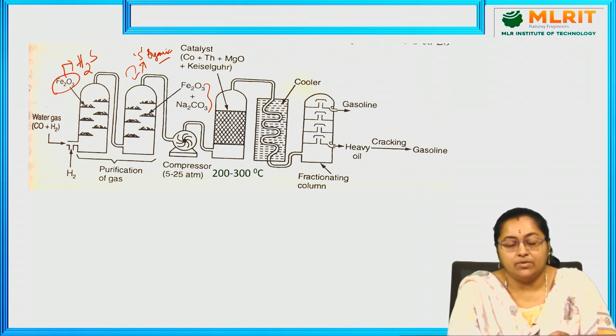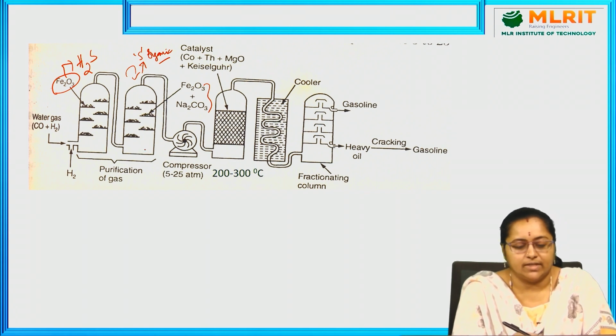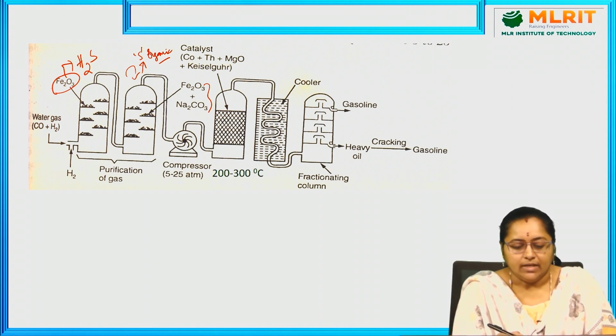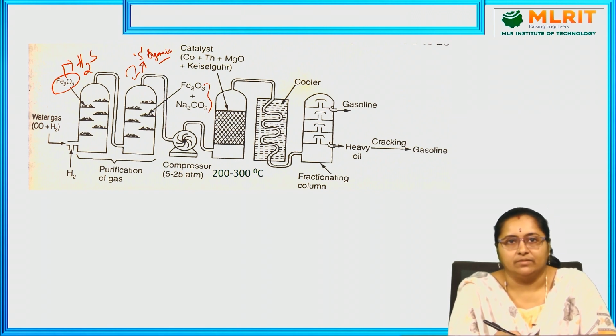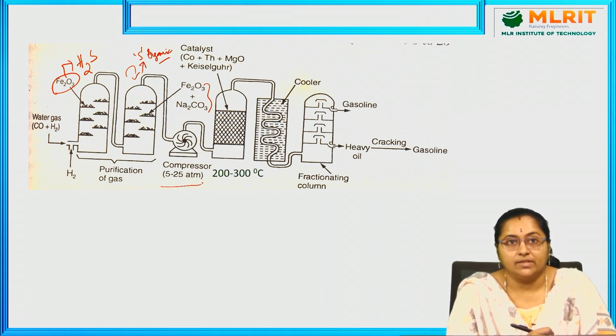After entering this second chamber, any sulfur content, either inorganic or organic, gets totally removed. The purified hydrogenated water gas, which is free from sulfur, is then subjected to compression with the help of a compressor, by supplying pressure of around 5 to 25 atmospheres.